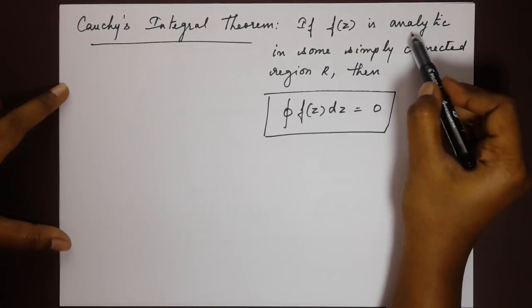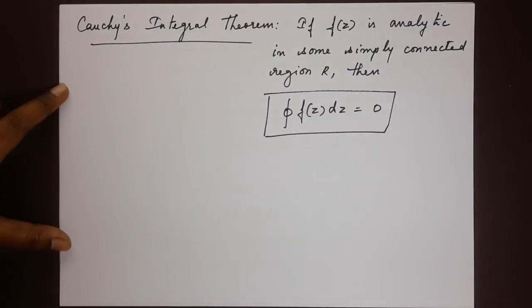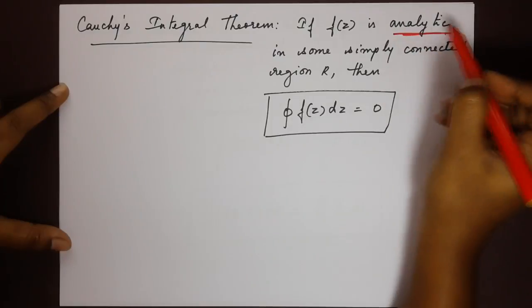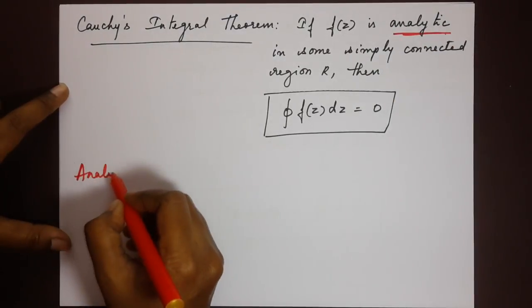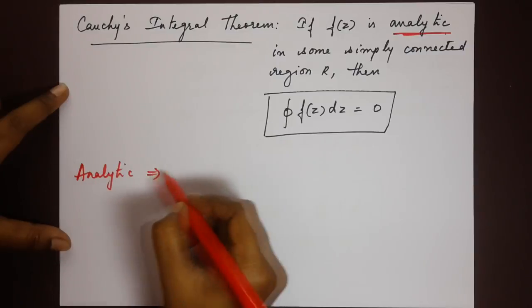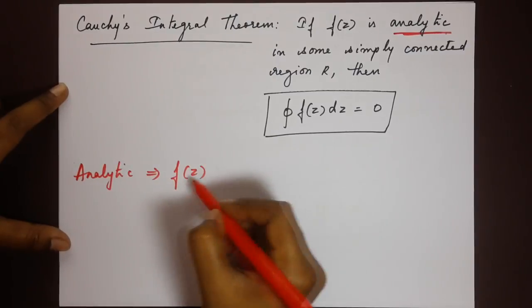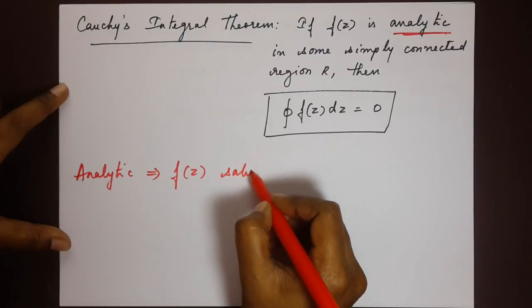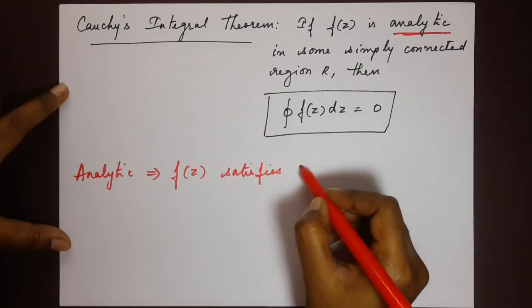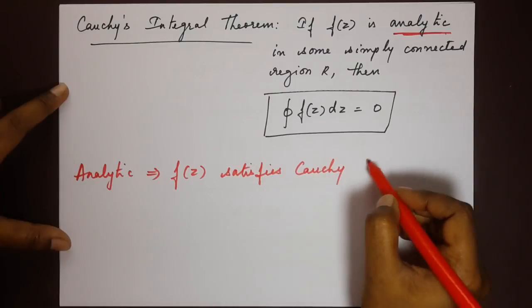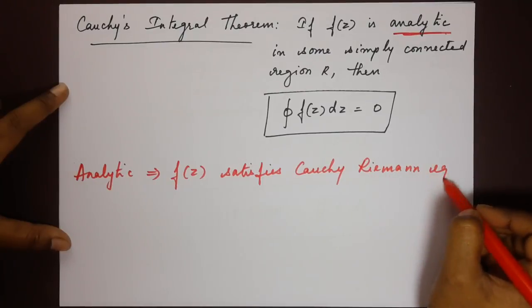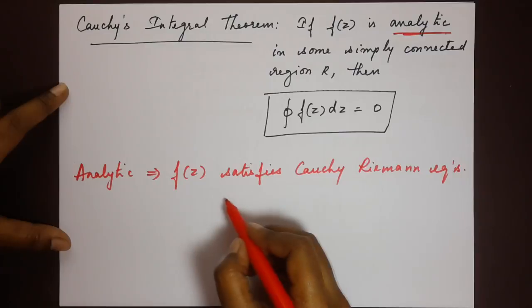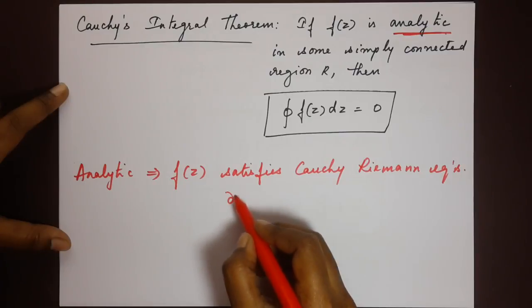Now, when we say a function is analytic, it is supposed to satisfy the Cauchy-Riemann equations. So, analytic is when f of z satisfies Cauchy-Riemann equations. Now, you're familiar with that. We have seen that in a couple of problems before.